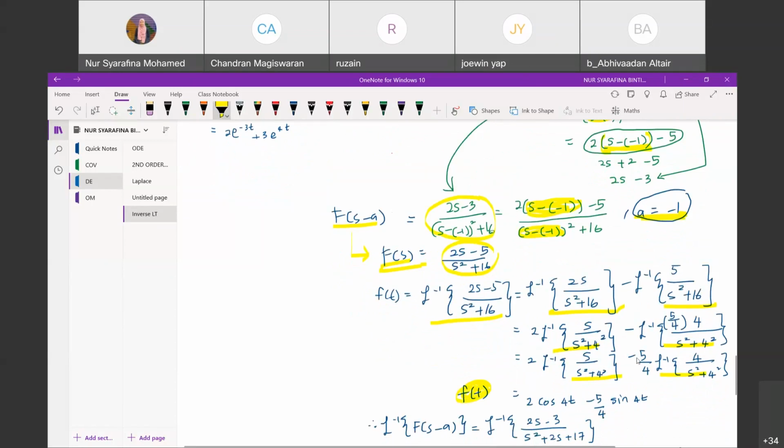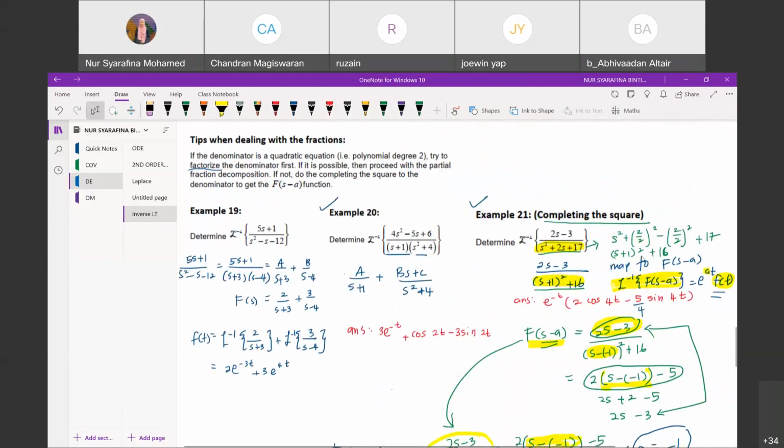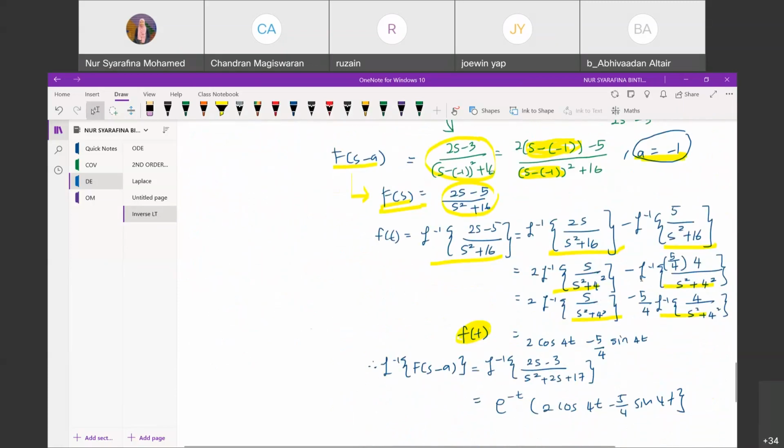Once you have your f(t), you come back to this. Then you know your a is minus 1, and your f(t) here is what? This is in terms of e to the power of at times f(t). This is your f(t), this is your e to the power of at. Okay, clear or not?